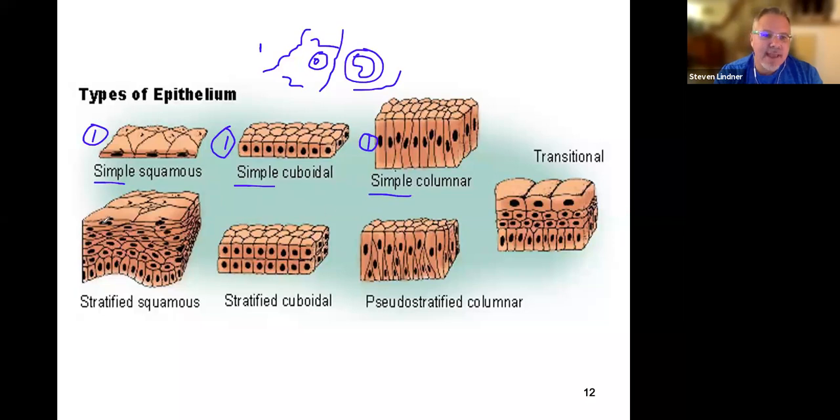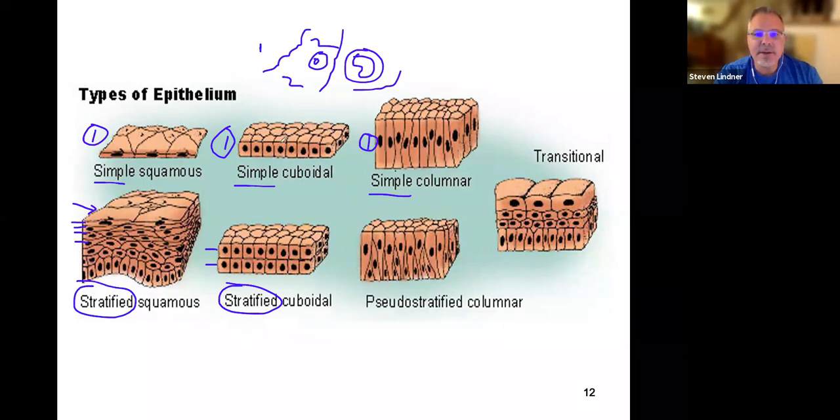But if we look down here, here is the apical surface, that's the top layer. And we see one layer, we see two, we see three, about maybe 4 layers here. So because they're more than one layer, the first word is going to be stratified. Here, we see 1, 2 layers, so we call it stratified.